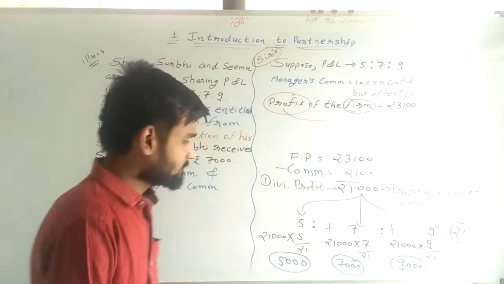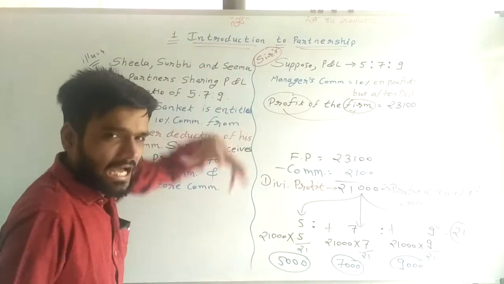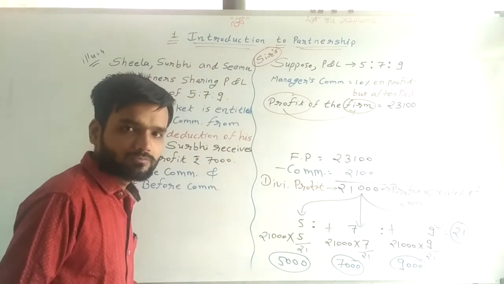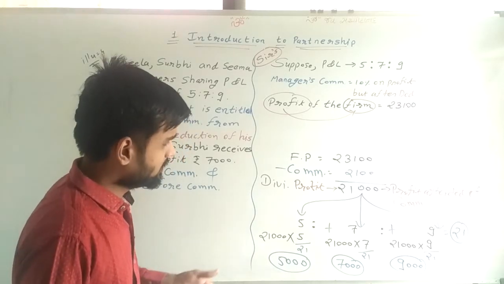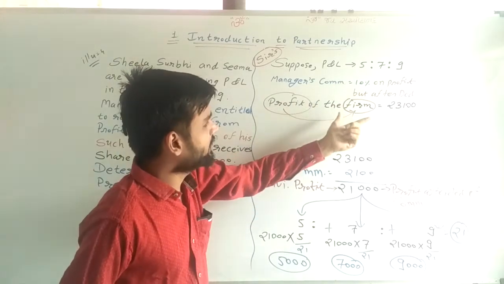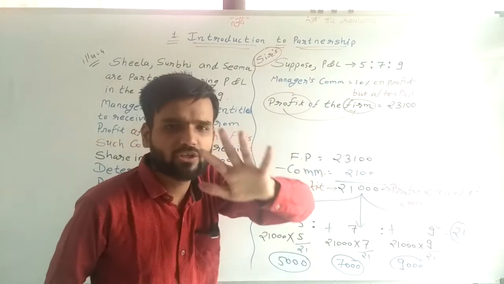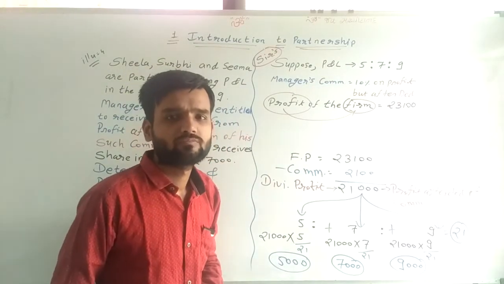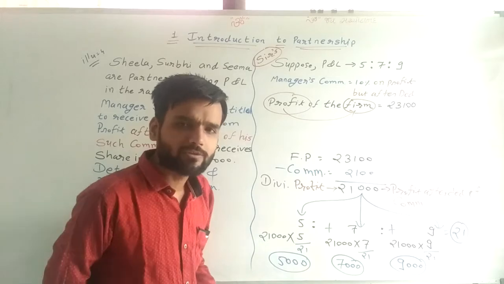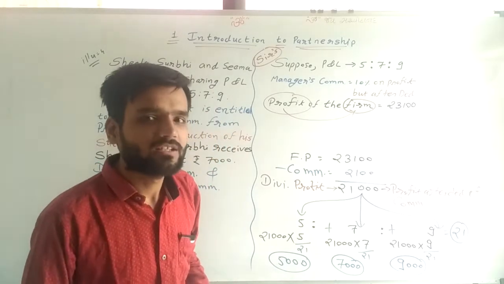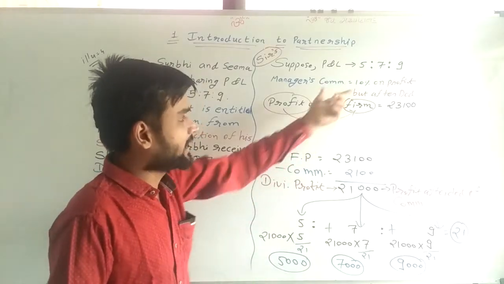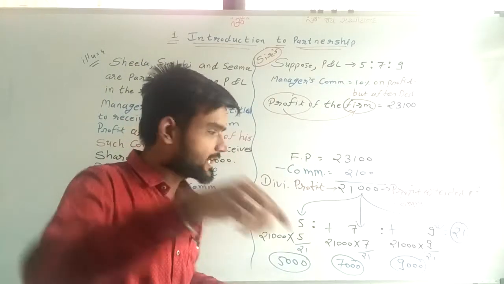But what I need to explain to you: suppose this firm profit is not given to you. You are given the divisible profit. Then on the basis of divisible profit, you can directly find the commission. 10% commission, so you can directly find.